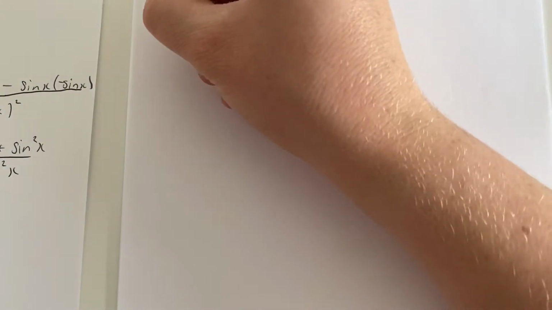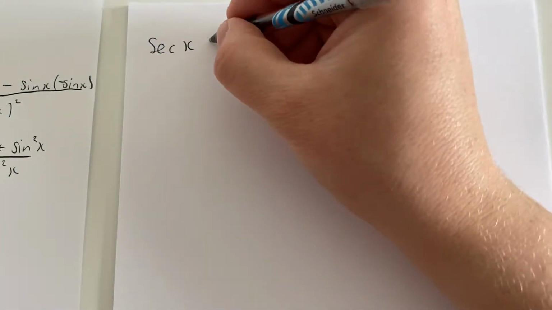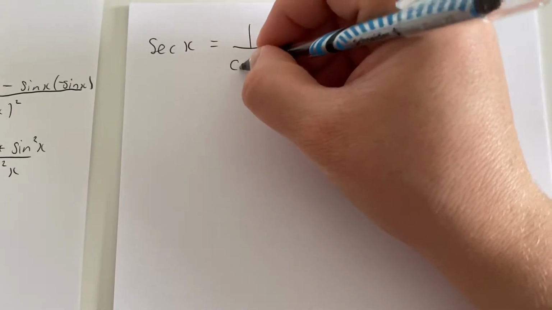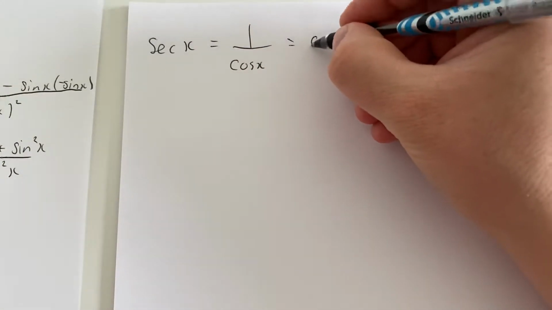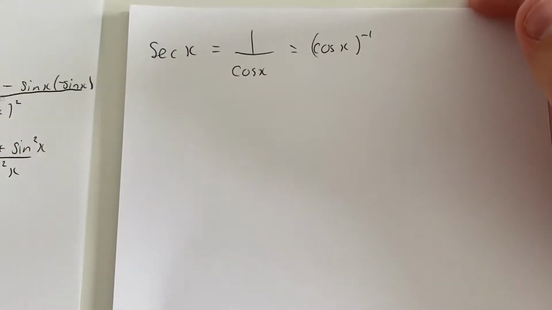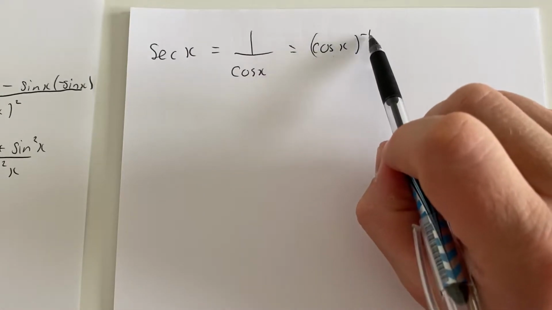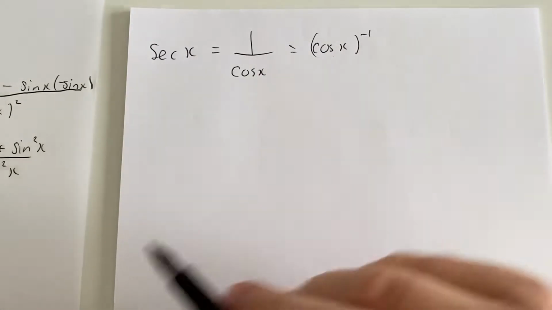So let's try sec x. If you remember, sec x is 1 over cos x, or cos x to the minus 1. Since I've just got something in a bracket to a power, I can use the chain rule.